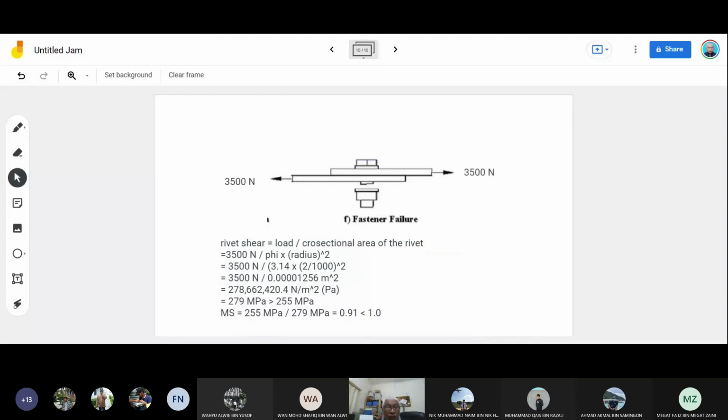However, for 2117, the alloy which rivets are made of, if you Google it, the shear strength is 0.93, and it's 190, even less.